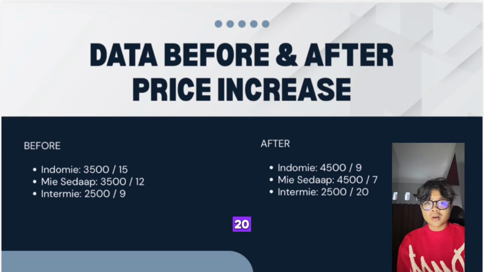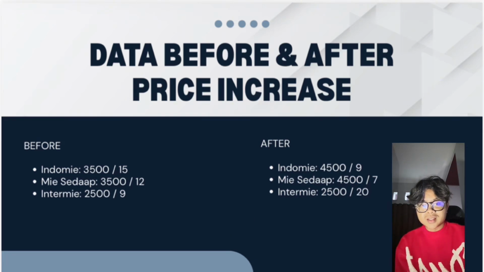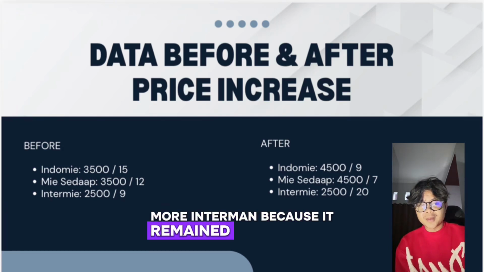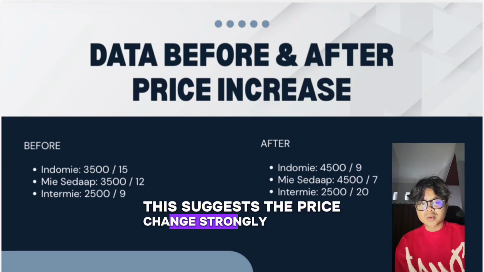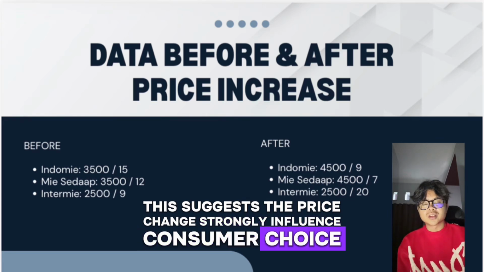From this data alone, we can already observe a pattern. As the price of Indomie and Mie Sedap increased, consumers purchased fewer units. At the same time, consumers purchased more Intermie because it remained affordable. This suggests the price change strongly influenced consumer choice.